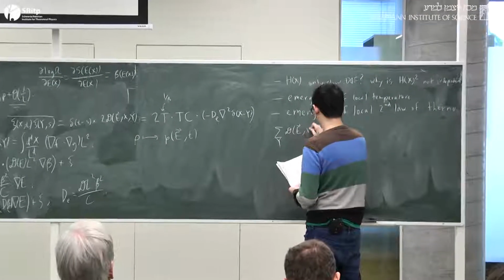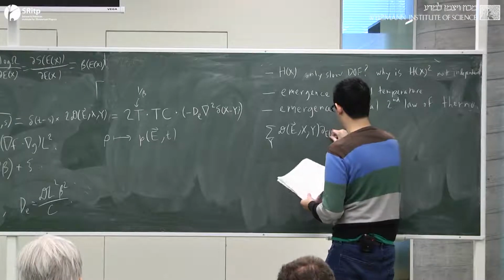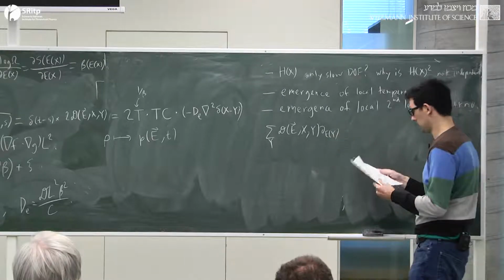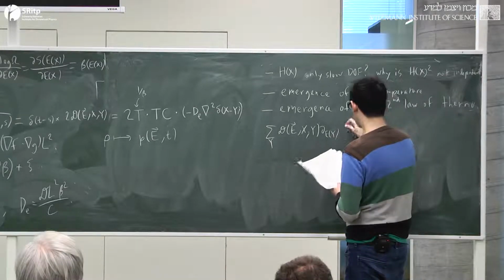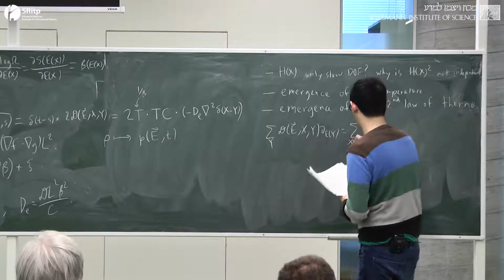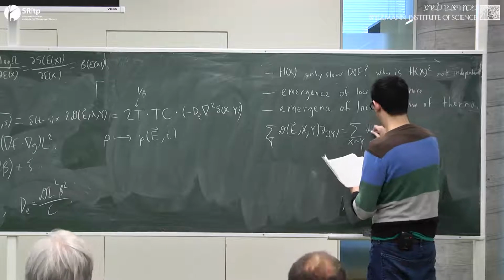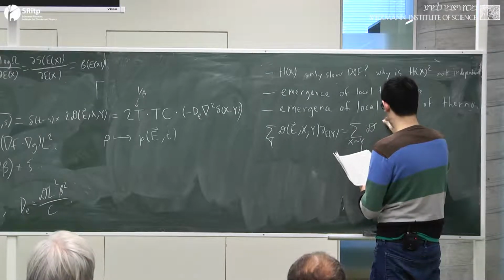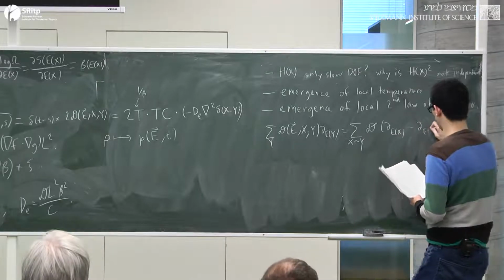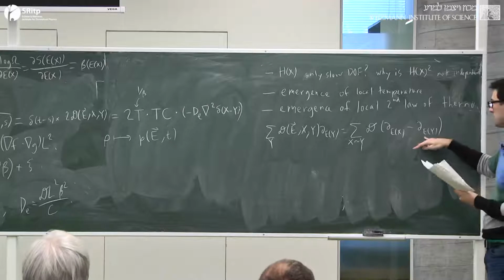To do that, observe the following. So if you have something like this, okay, then because of these transition rates having this factor of lambda, this is roughly going to be d, and then there will be a relative derivative with respect to the energies in adjacent boxes.